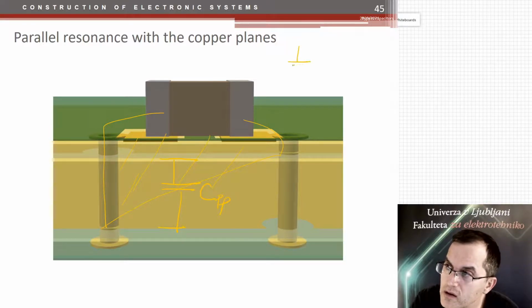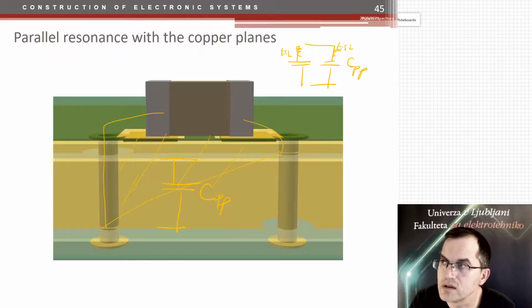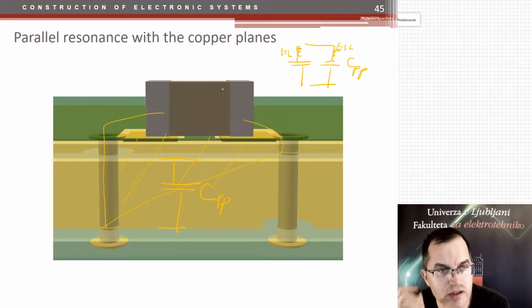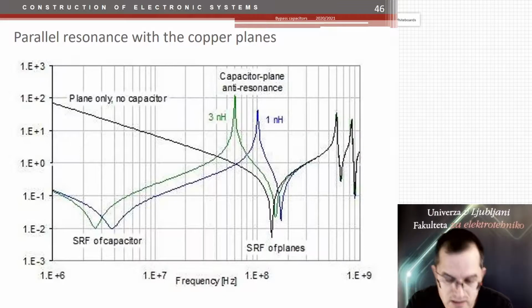We have our capacitor, and in parallel we have the capacitance between power planes. And since that one and that one are very different in terms of the ESL, and also the capacitance itself, you can get unwanted parallel resonances. And that's what you get. If all capacitors are very good quality, then you can get unwanted anti-resonances, or parallel resonances.